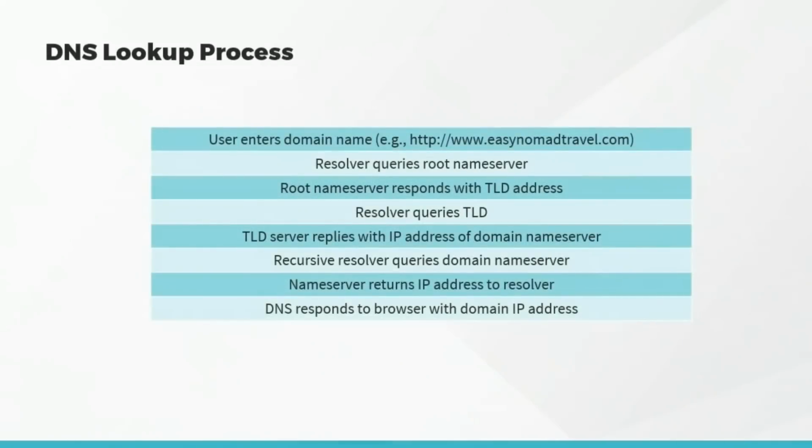So the entire process looks like this. When you open up a browser and type in www.easynomadtravel.com into the address bar, your system will immediately send that name to the DNS server configured as your primary DNS server in your IP address configuration, or again, what is also referred to as the DNS resolver.